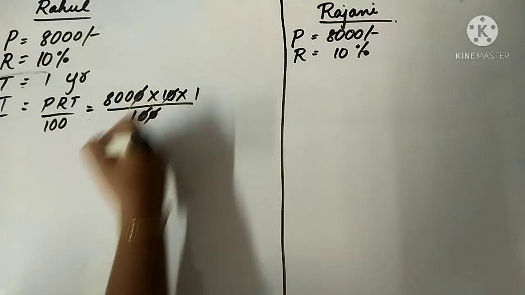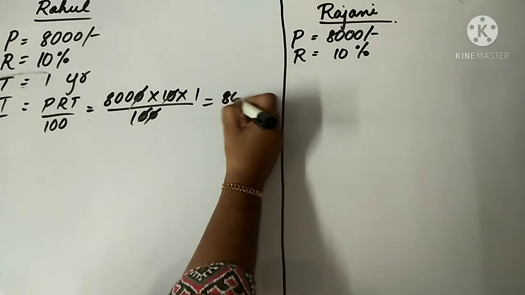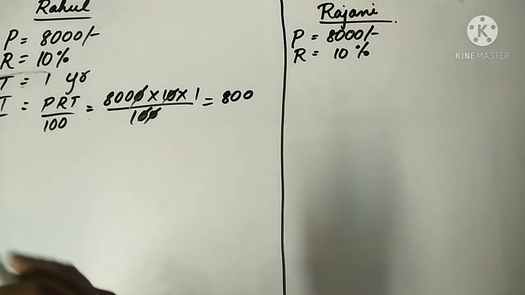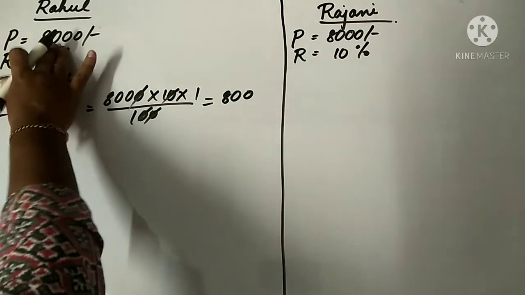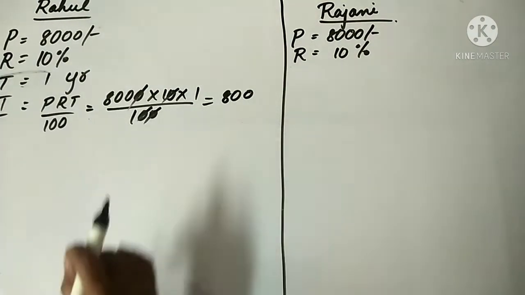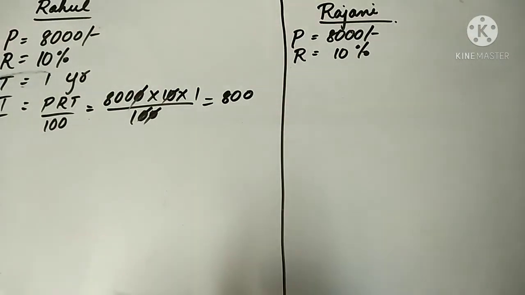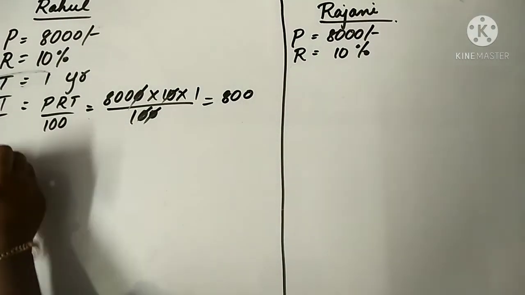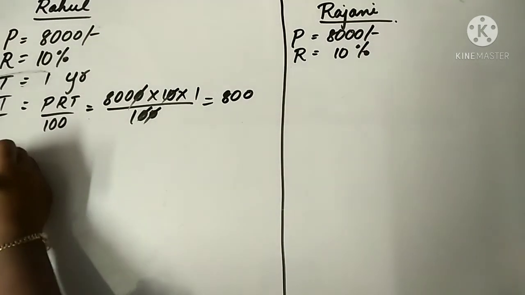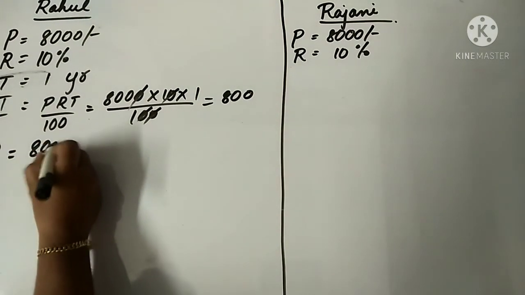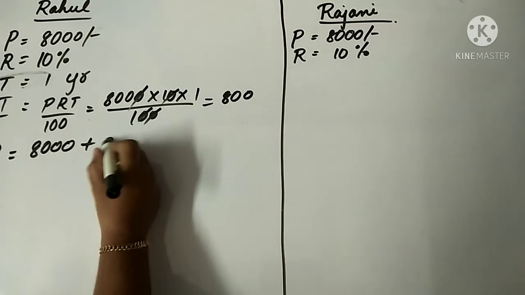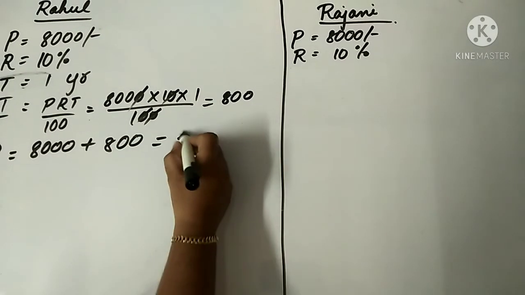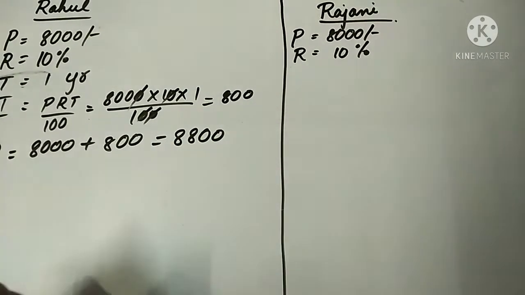These zeros get cancelled. Balance 800. So after 1 year, he withdrew the principal amount as well as the interest and redeposited it again for 1 year. So again the principal becomes 8,000 plus this interest amount 800, that is equal to 8,800.